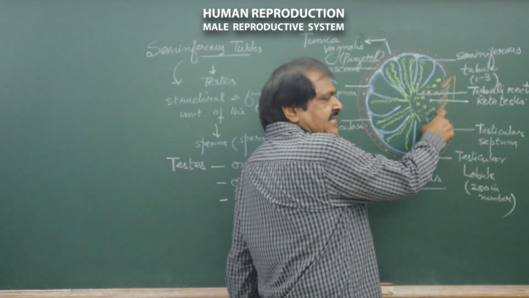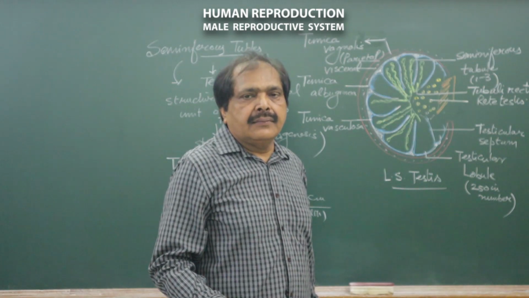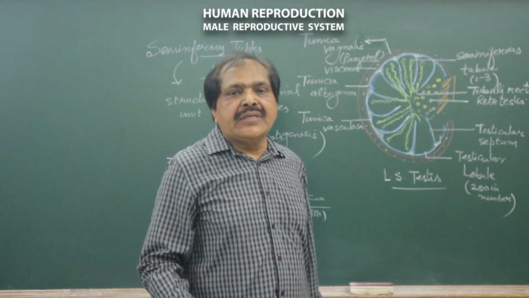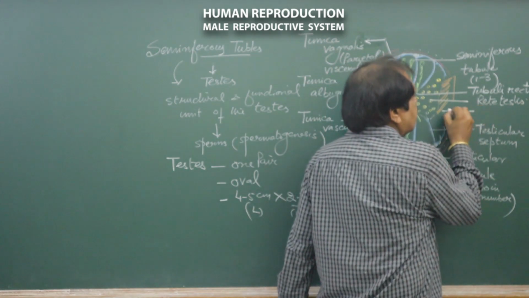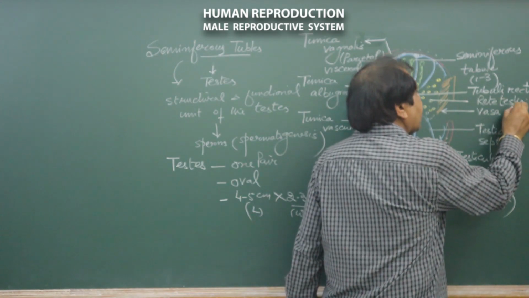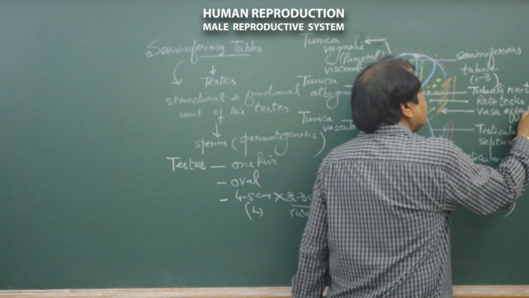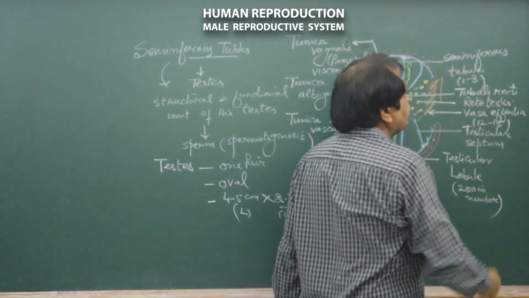From the rete testis, there arise 12 to 15 small ductules, and they form the vasa efferentia. These are 12 to 15 in number.